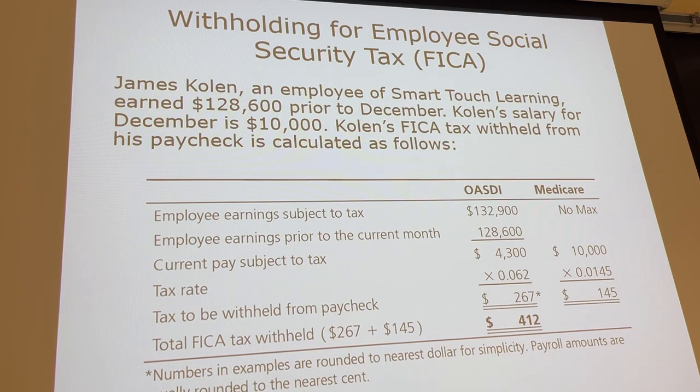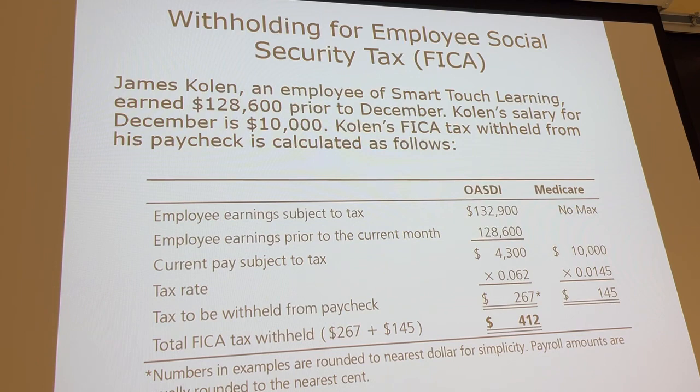So in this particular problem, the employee up through the month of November had earned $128,600. In the month of December, he earned an additional $10,000. So we have to figure out what part of that $10,000 is going to be subject to the Social Security tax. Part of it will be, but not all of it, because part of it goes above the Social Security wage base of $132,900.